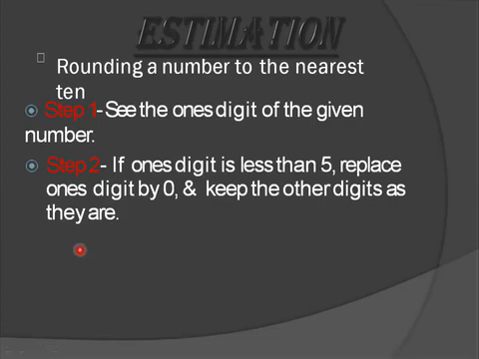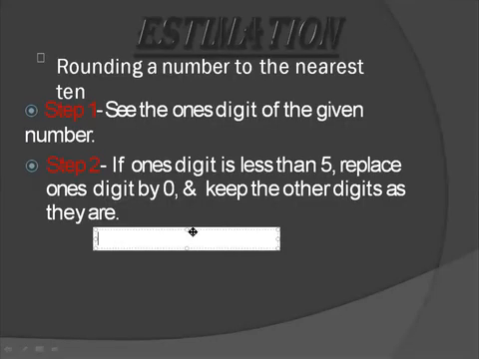For example, I will give you 52. You should round this number off to the nearest 10. So you have to check the ones digit.